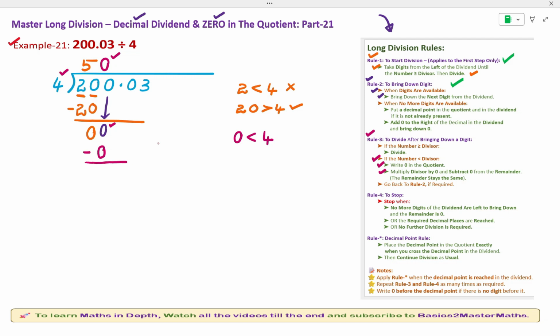So, you will get 0 as the remainder again. Now, rule 3 is complete.